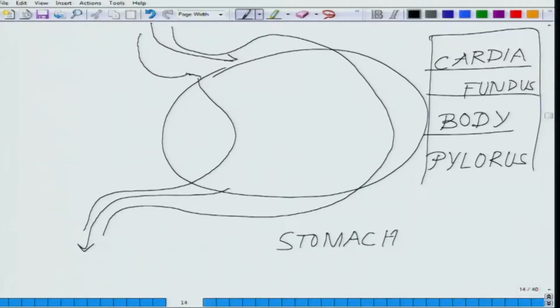And there is something called the pyloric sphincter, which is present somewhere out here, which ensures when the food should be sent to the intestine.